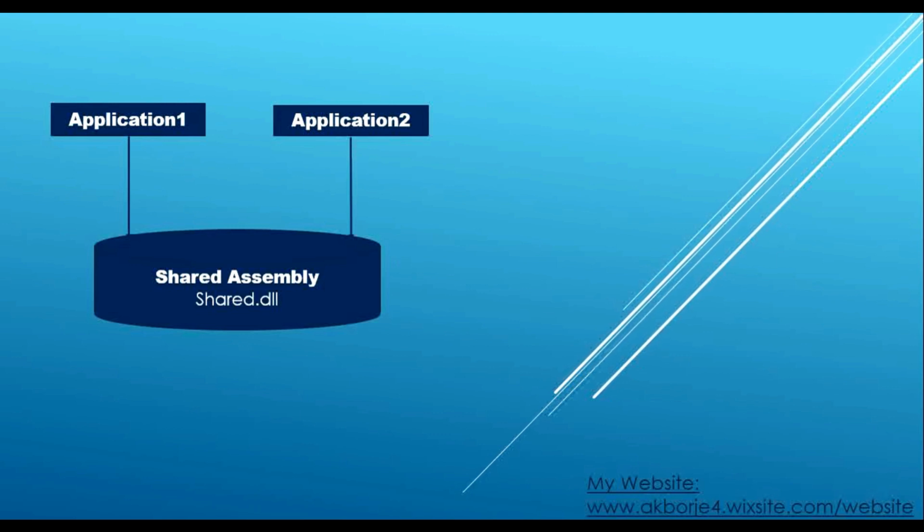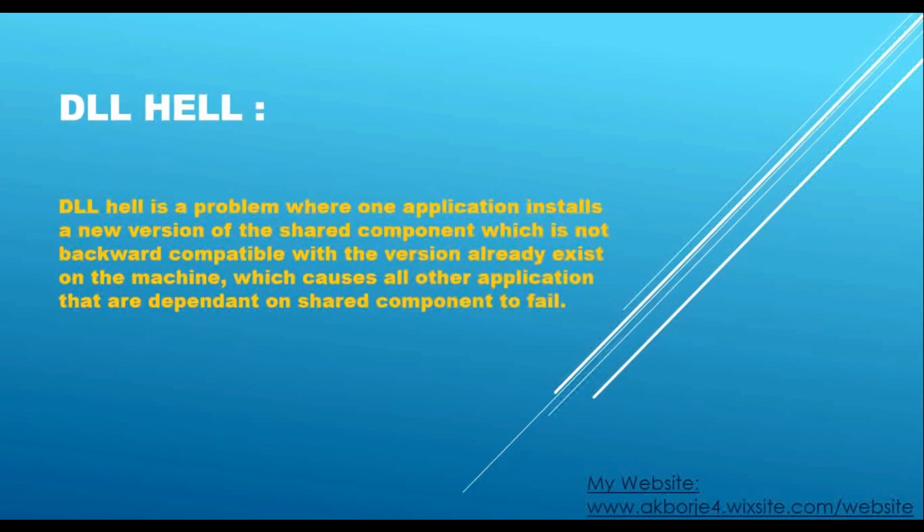By definition, DLL hell is where one application installs a new version of a shared component which is not backward compatible with the version already existing on the machine, which causes all other applications that depend on the shared component to fail. Now we will see that in action, so you might understand this better.